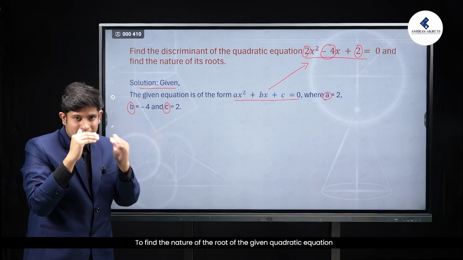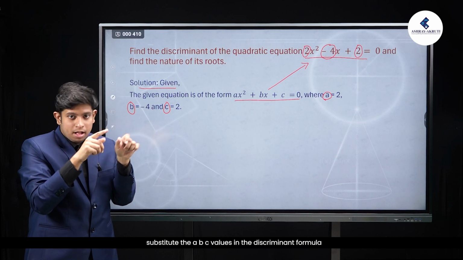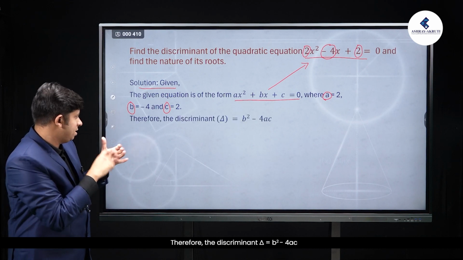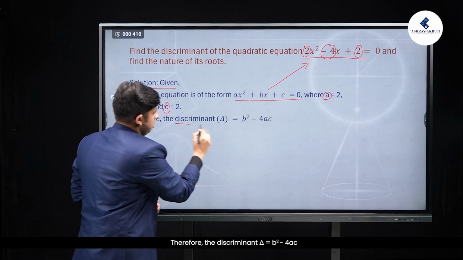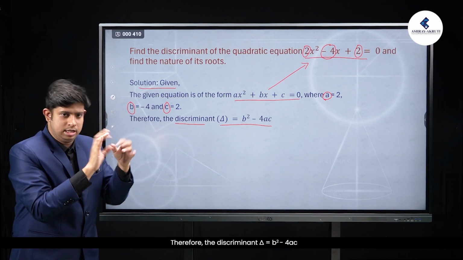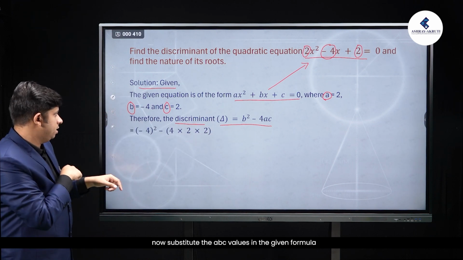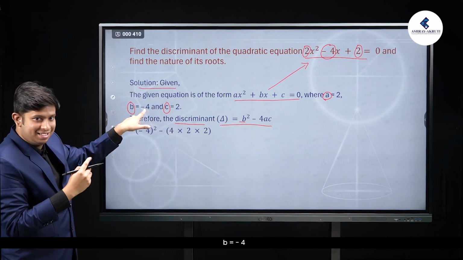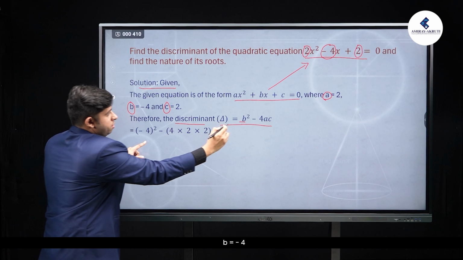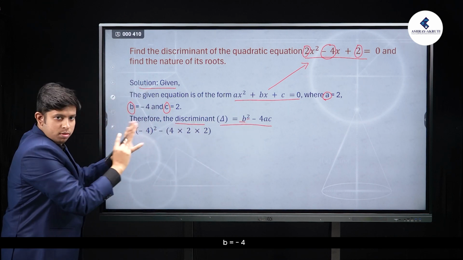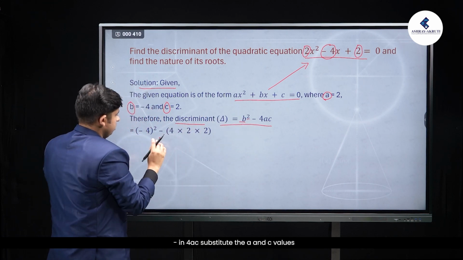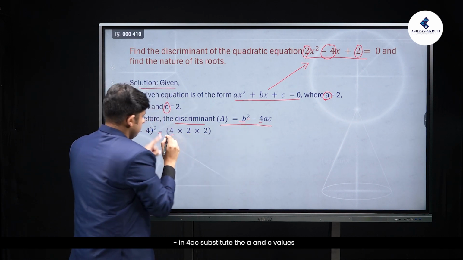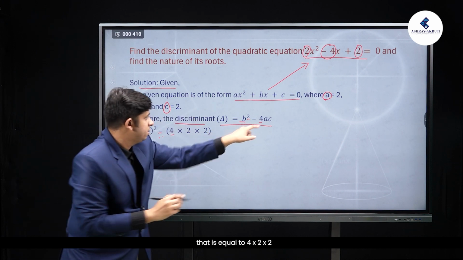To find the nature of the roots of the given quadratic equation, substitute the a, b, c values in the discriminant formula. Therefore, the discriminant delta is equal to b square minus 4ac. Now, substitute the a, b, c values in the given formula. b equal to minus 4, minus, in 4ac substitute the a and c values, that is 4 into 2 into 2.